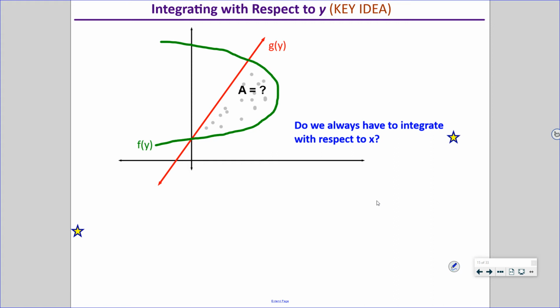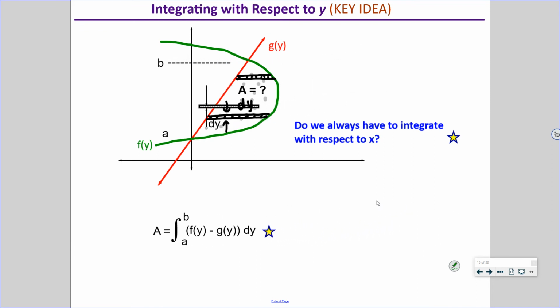So if you draw a horizontal strip, you'll see that we can find the height, if I'm looking at it sideways, by doing the green curve minus the red curve. And we're just going to call our width now dy. This is now our width. So we're going to integrate these with respect to y.